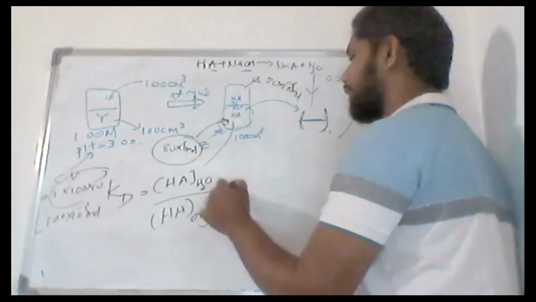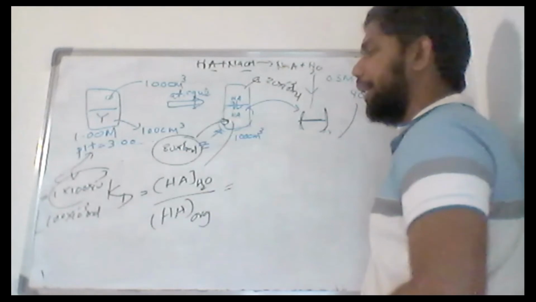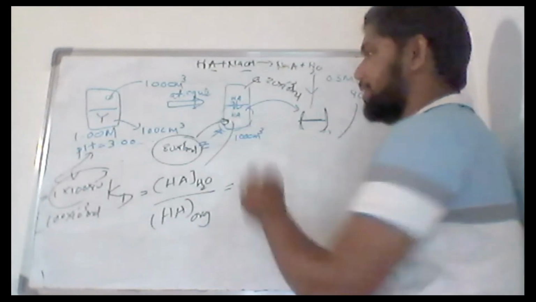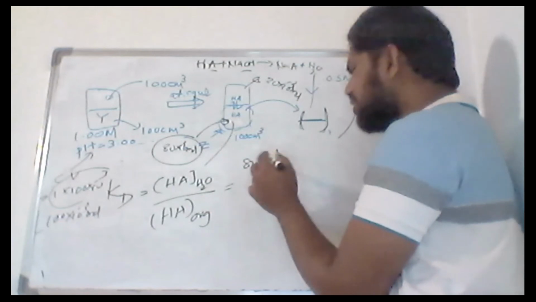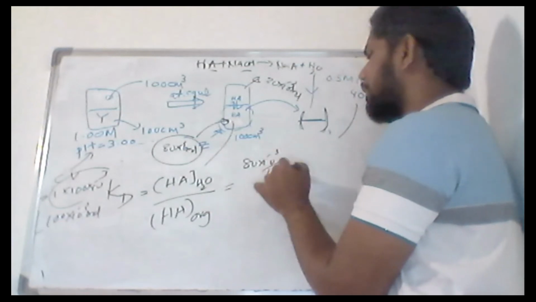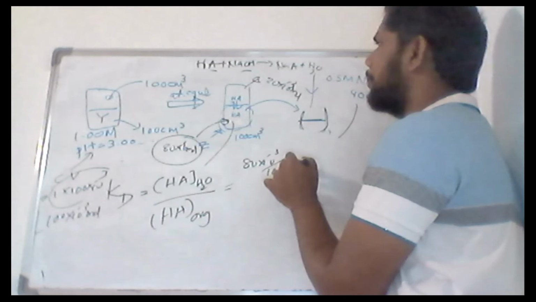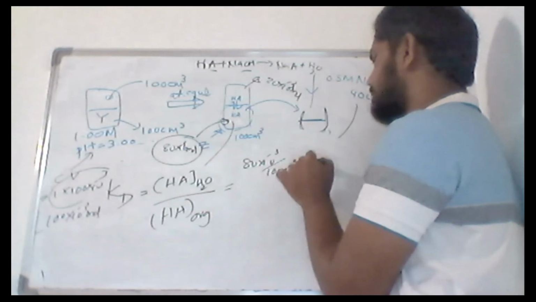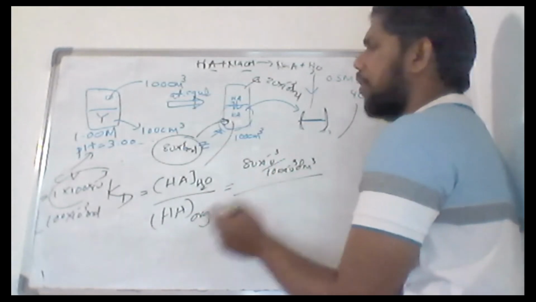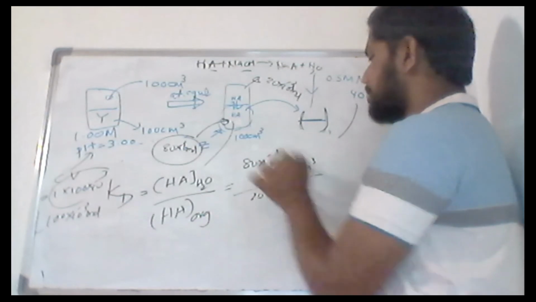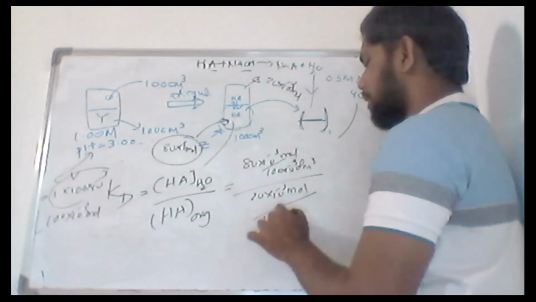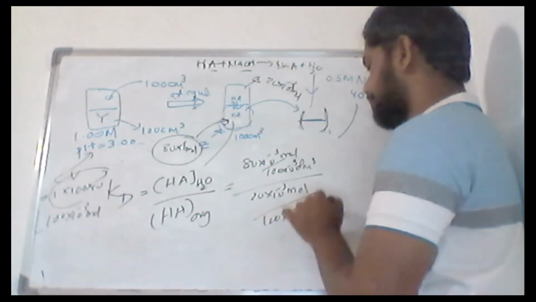So the concentration of HA in the H2O phase is 80 into 10 to the power minus 3 moles over 100 into 10 to the power minus 3 decimeter cubed, over HA in the organic phase, which is 20 into 10 to the power minus 3 moles over 100 into 10 to the power minus 3 decimeter cubed.